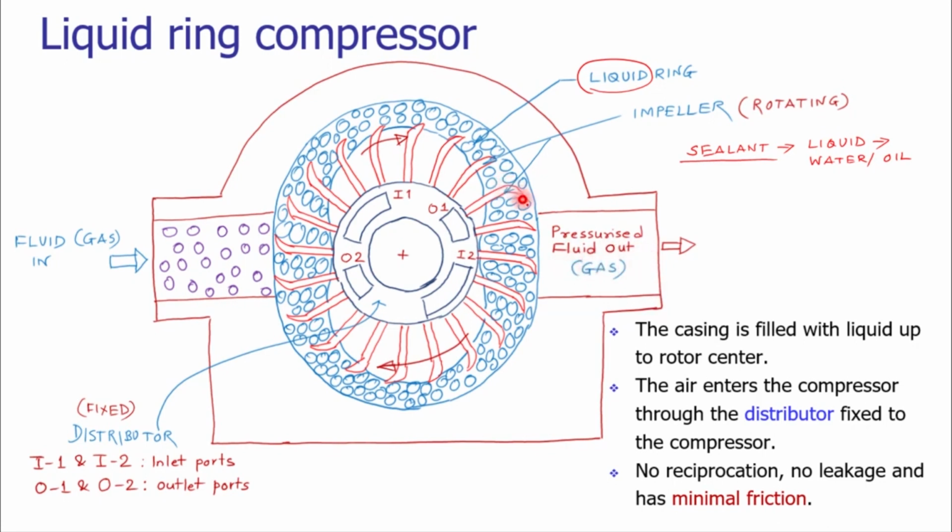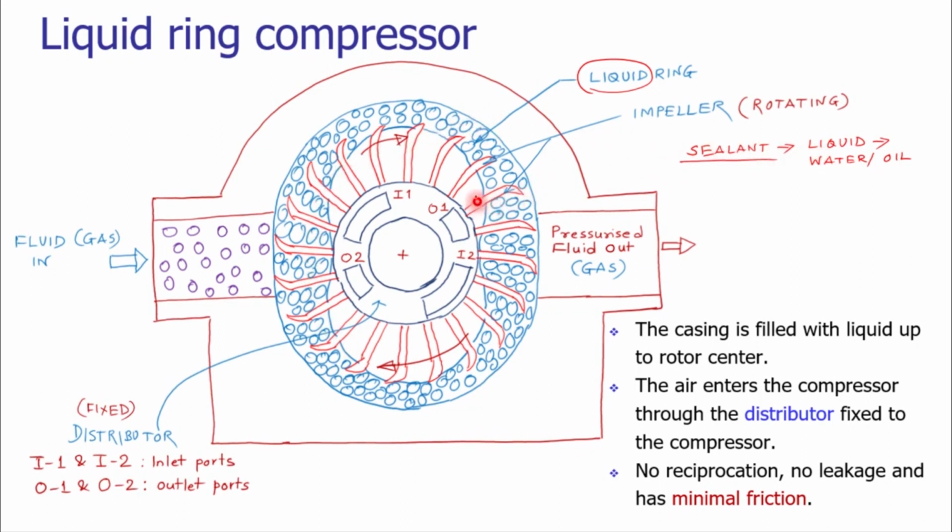The liquid ring compressor has a certain liquid, and that liquid may be water or oil. As the impellers are rotating, we pour a liquid inside the casing.